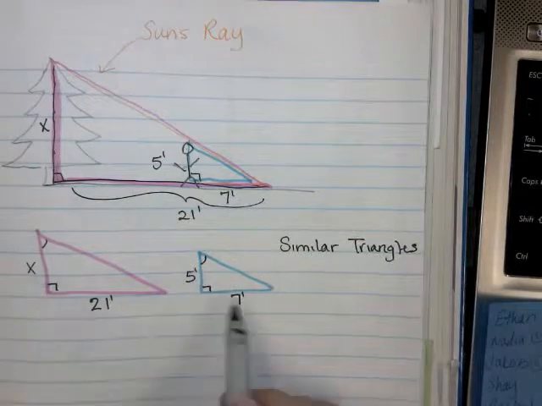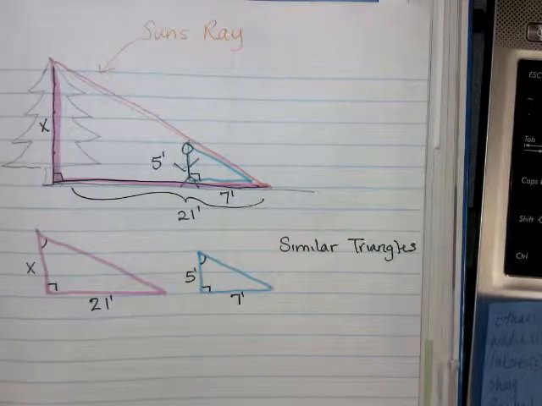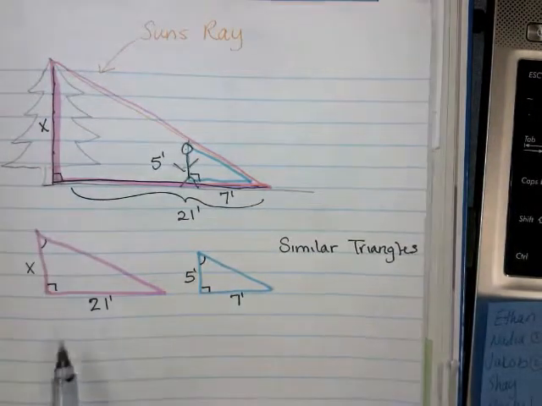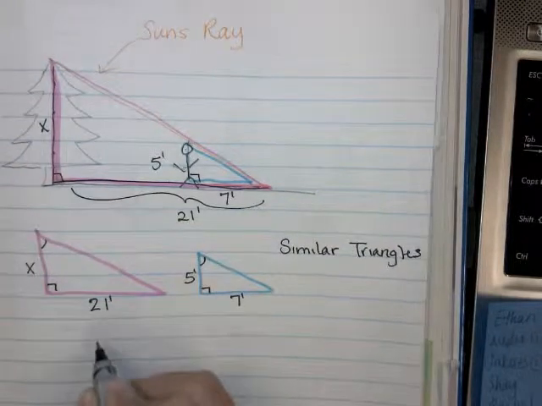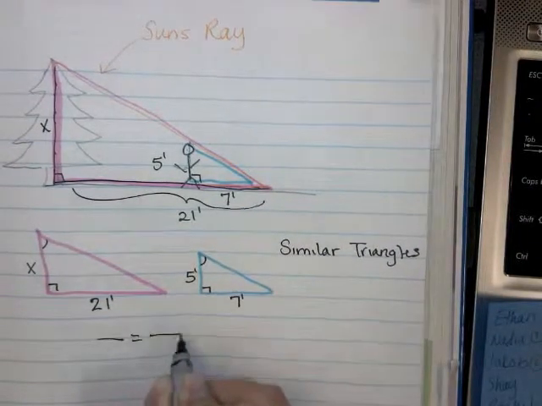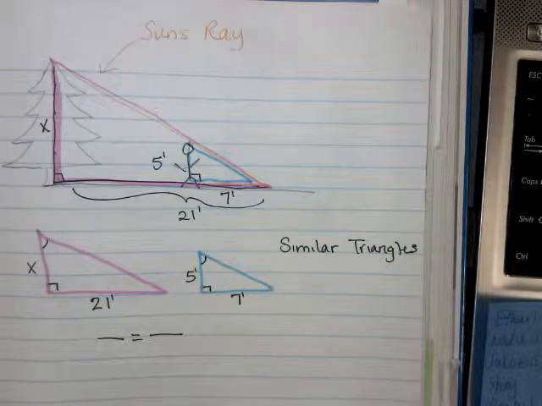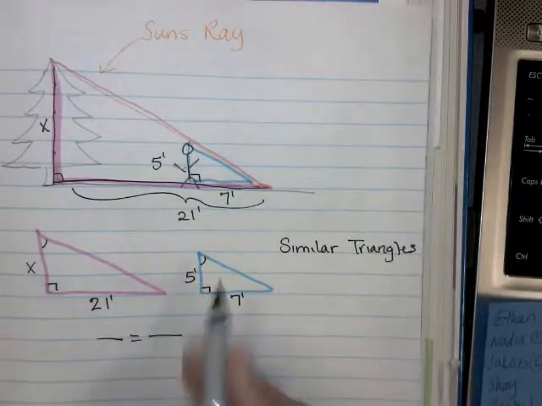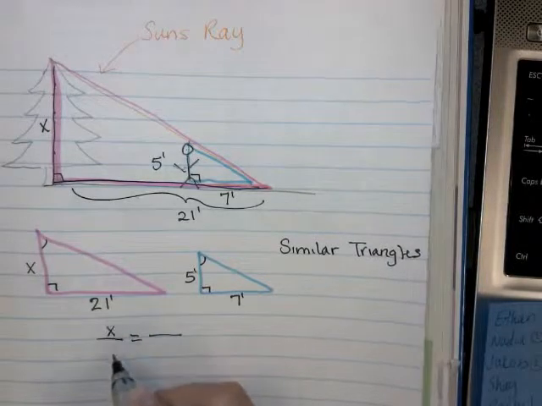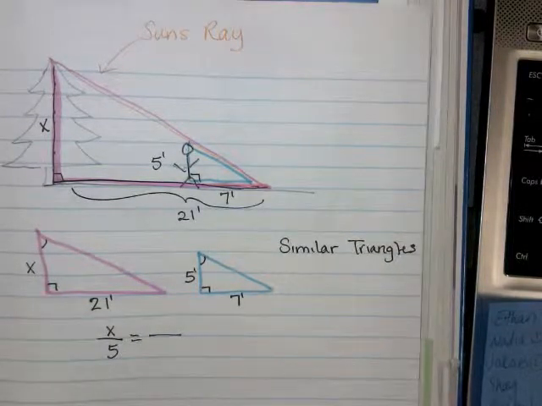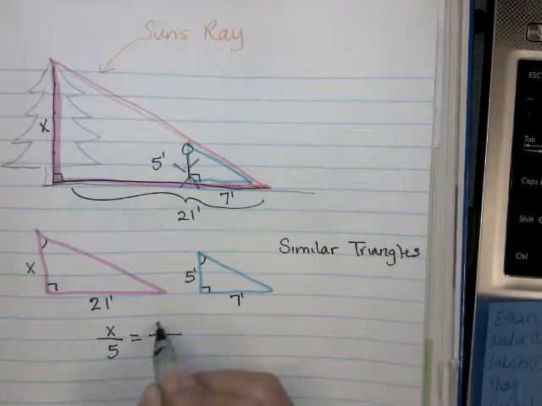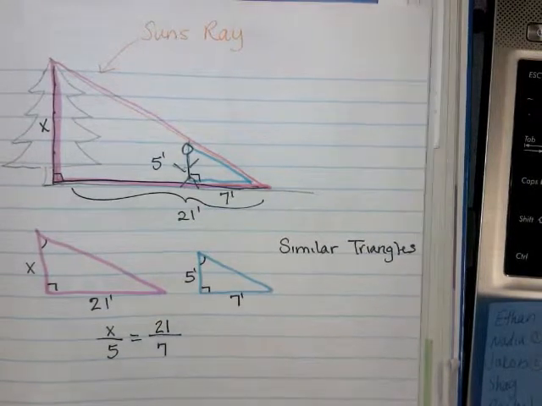So because I know that these are similar triangles, because they have two angles that are the same, I can write a ratio of corresponding sides and make a proportion to solve for that missing value. X to 5, the height of the tree to the height of the person, the shadow of the tree to the shadow of the person.